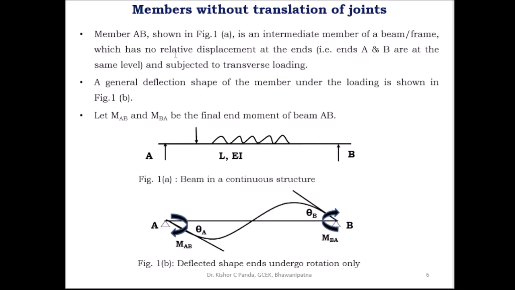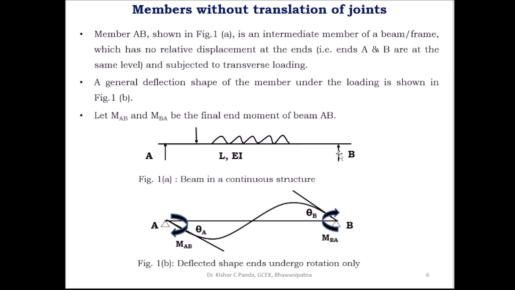First, coming to members without translation of joints. So look at this figure 1a. This is a beam in a continuous structure. The member AB is an intermediate member of beam or frame which has no relative displacement at the ends.